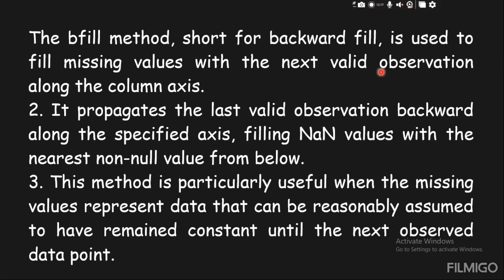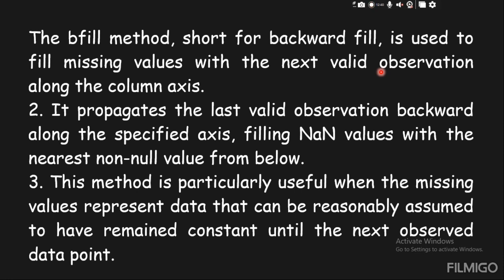So now we have observations like 1, 2, 3, 4, 5, 6, and here 10, 10, 10, and 10. So the observations present at the 7th, 8th, and 9th positions are filled with a value called 10. So now you may have a little bit of understanding about this method.